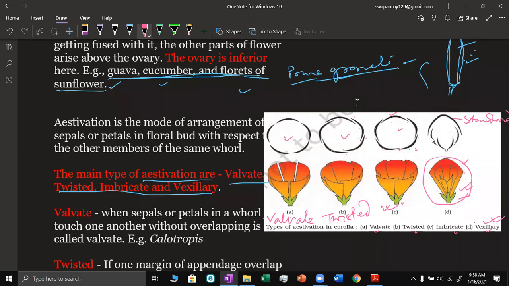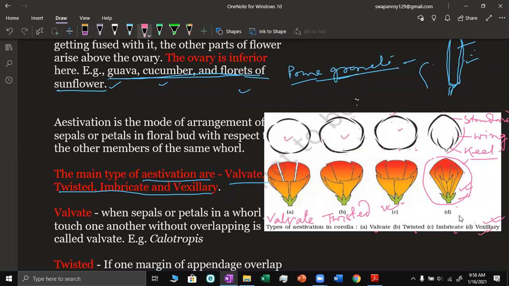These two are smaller, two are lateral, called wings, and two in the front, the anterior, are the smallest and covered by the two lateral wings, known as keel. This is called vexillary estivation, and it is found in the family Papilionaceae.